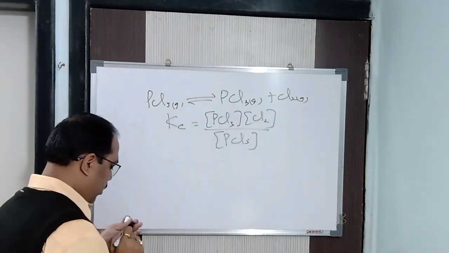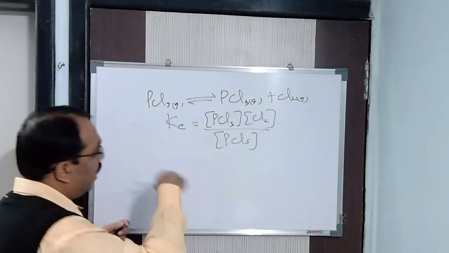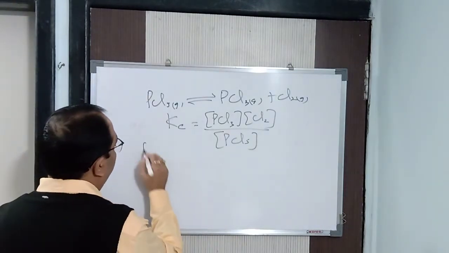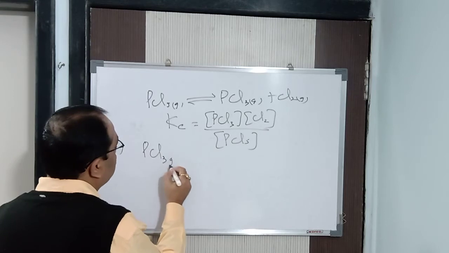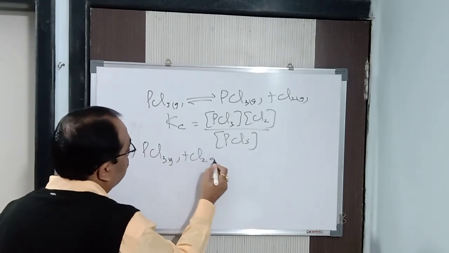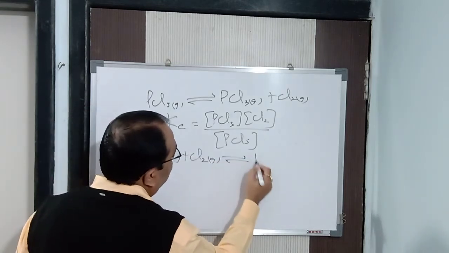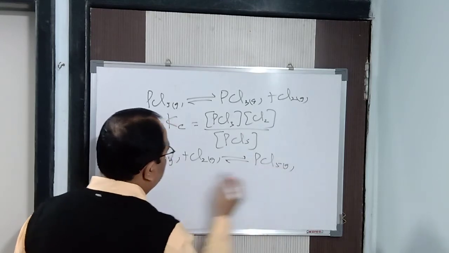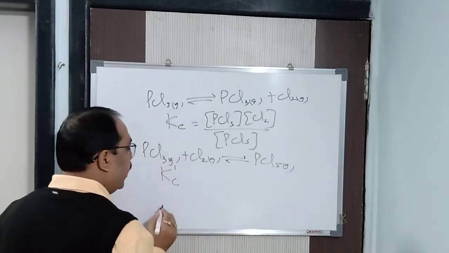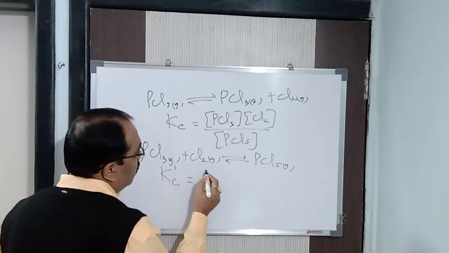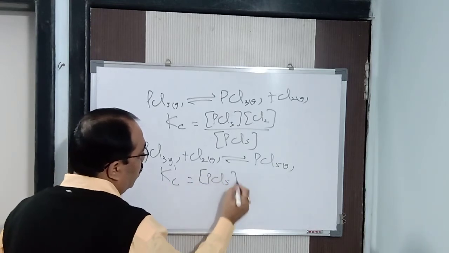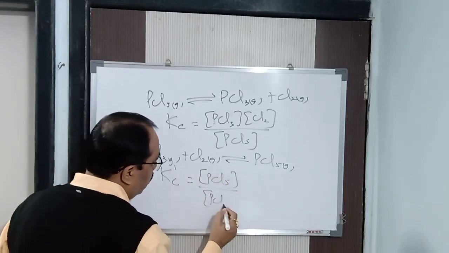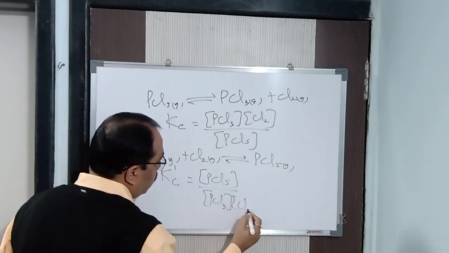This is the equilibrium constant for this particular reaction. Now the reaction is reversed, that is, PCl3 gas plus Cl2 gas gives PCl5 gas. Now the equilibrium constant, let us say K dash c, is the concentration of PCl5 by concentration of PCl3 into concentration of Cl2.